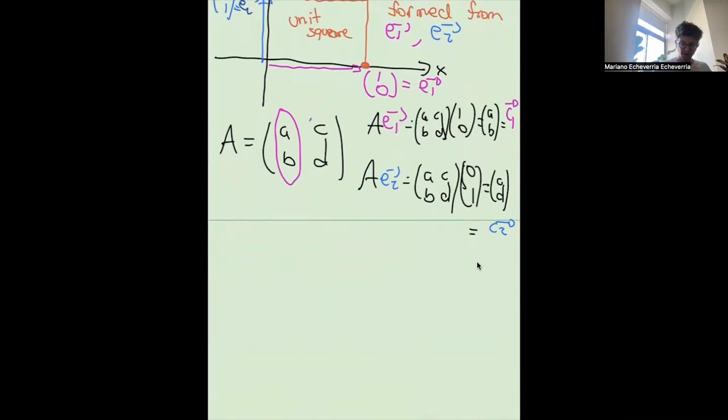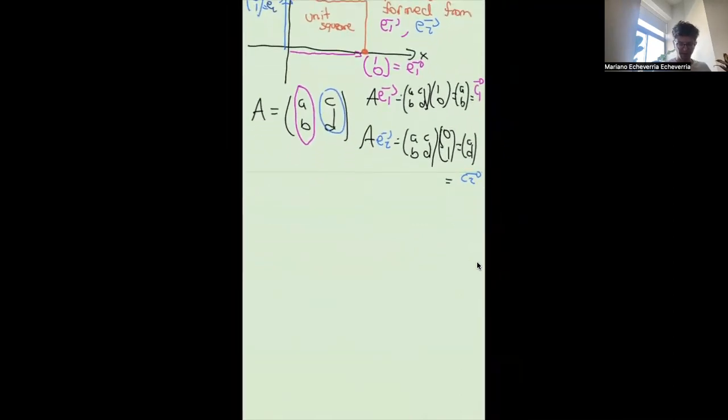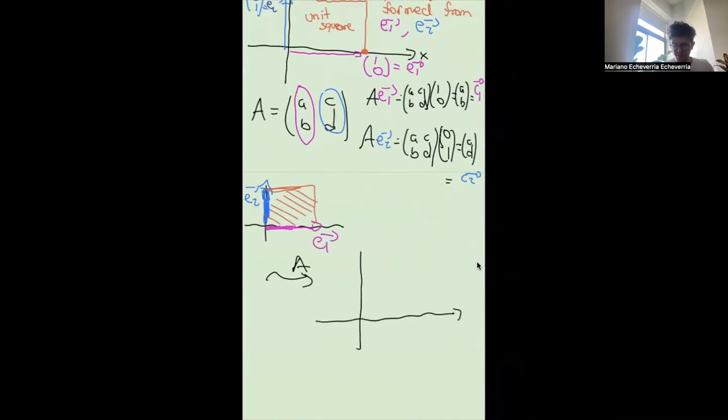So what I'm trying to say, let me redo the picture again. If you have the unit vectors E1 and E2, you can produce a unit square. And if you multiply each vector by the matrix A, then you get two new vectors.